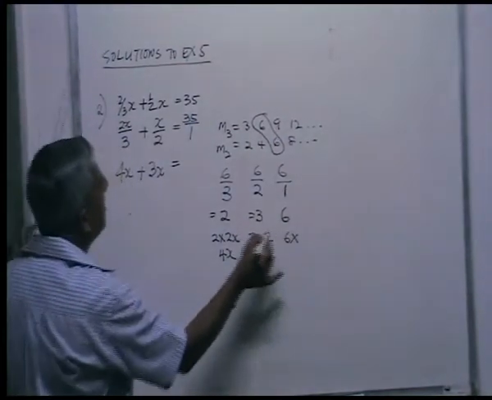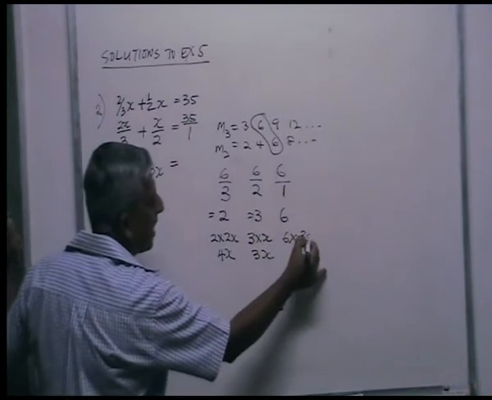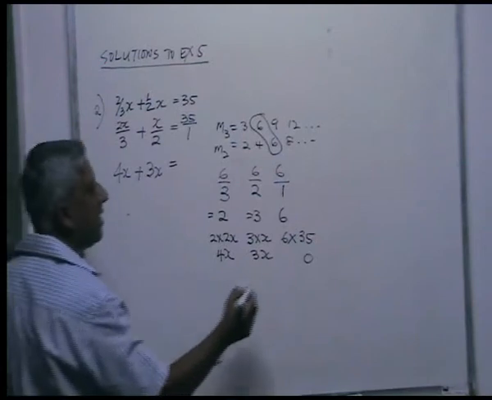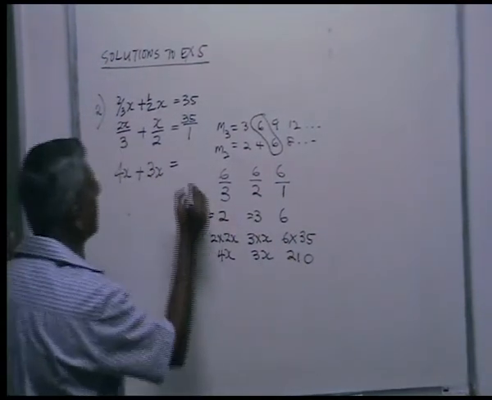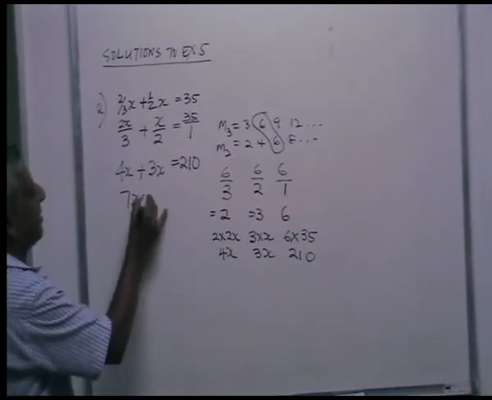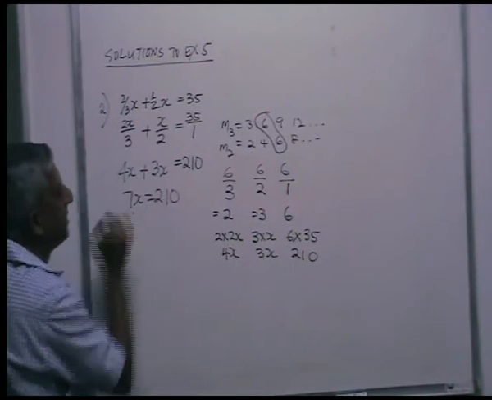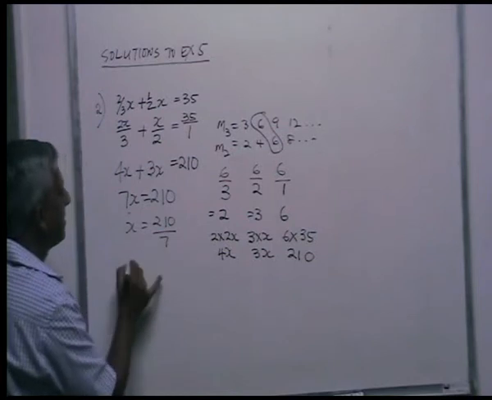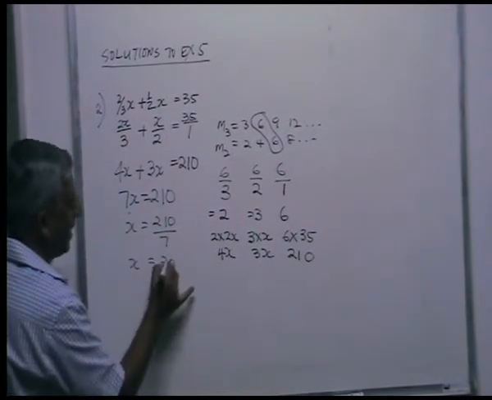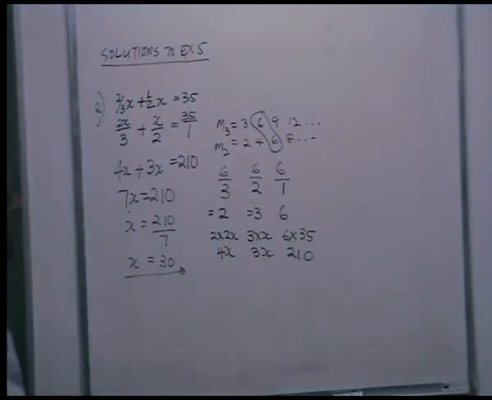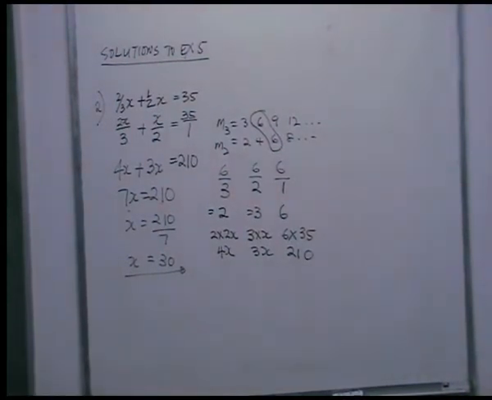So it will be 6 times whatever is on top there. 6 times 35. 6 5s are 30, 6 3s are 18, and 3 is 21. So you got 210. So 4x plus 3x gives you 7x. 7x is equal to 210. x is equal to 210 divided by 7. x is equal to 30. Alright, so the final answer was x is equal to 30. And that's how we do number 2.